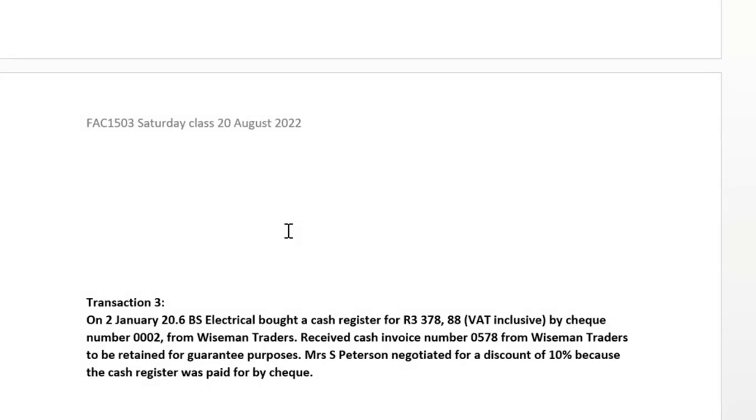Mrs. S. Peterson negotiated a discount of 10% because the cash register was paid for by check. What are the source documents?